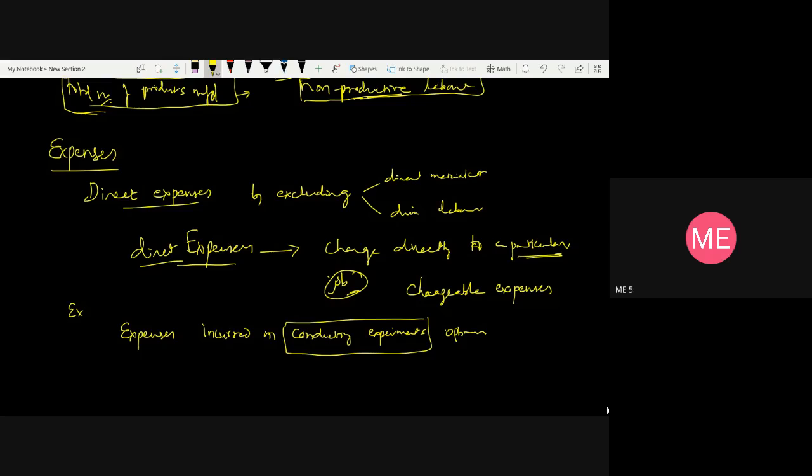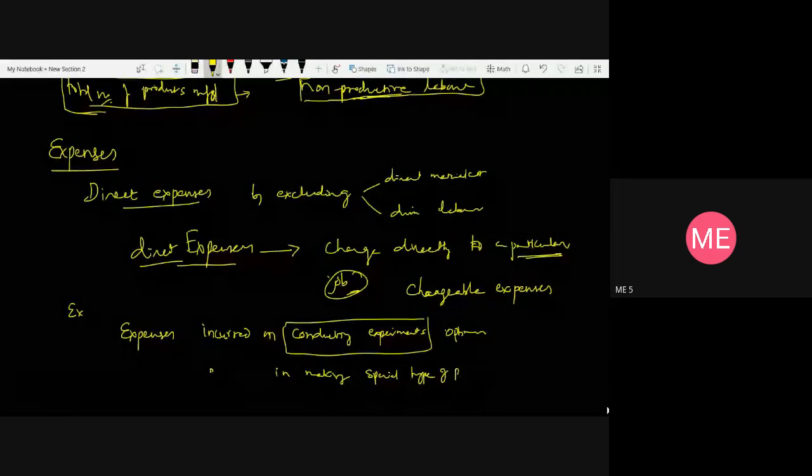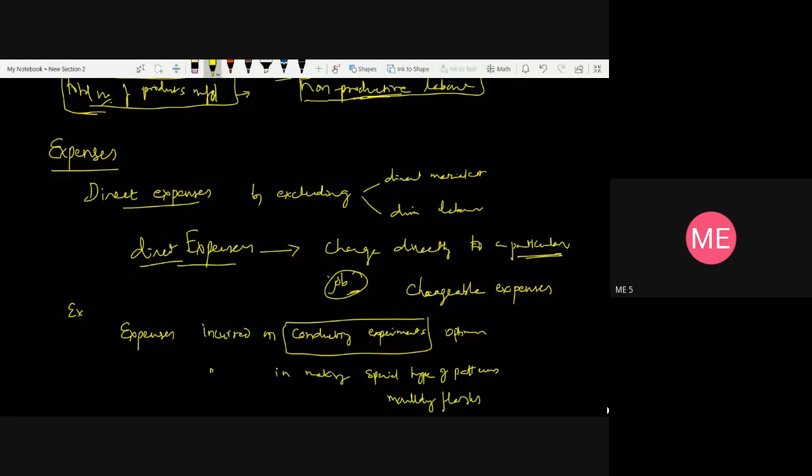expenses. And also, say in the case of a foundry, expenses incurred in making special types of patterns, or molding flasks. In order to manufacture the product, we might need some special type of patterns in the case of a foundry, or molding flasks, which are not involved with the direct material cost here.